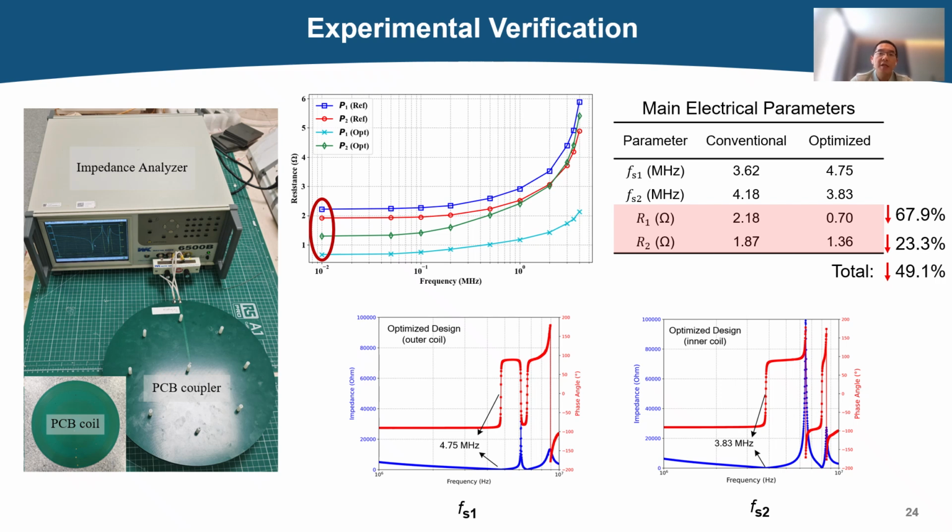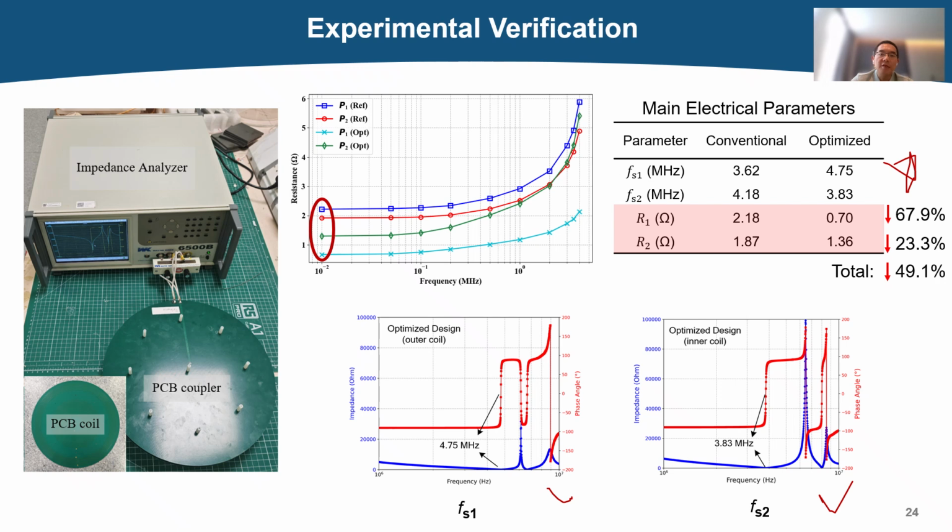We measured the impedance characteristics of the optimized PCB-based coupler using an impedance analyzer. The results show noticeable shifts in the resonant frequency of both the outer and inner coupler. In terms of DC resistance, the outer coupler experienced a significant reduction of approximately 67.9%, dropping from 2.18 ohms to 0.7 ohms.